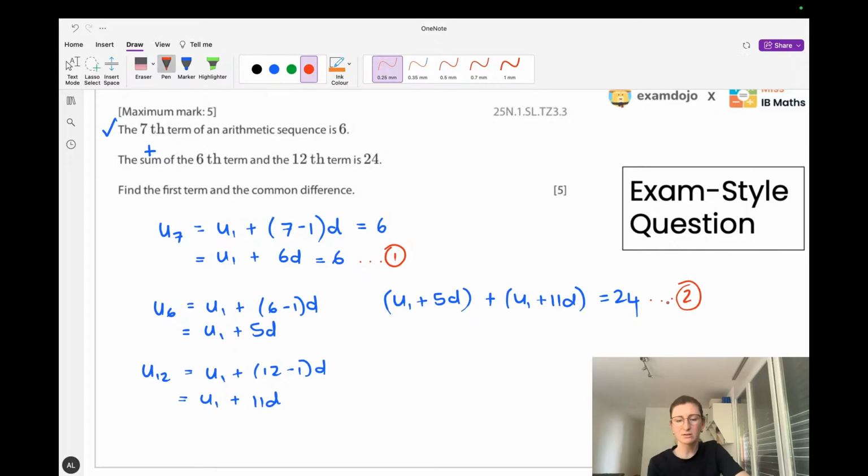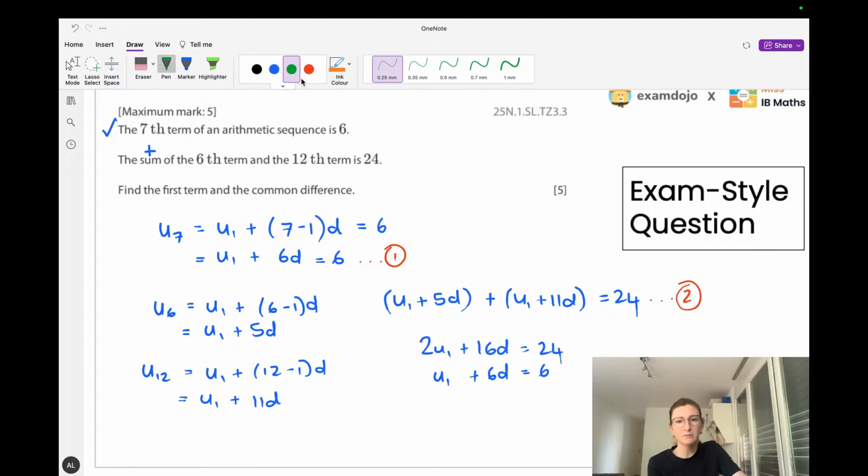So you can see where this is going. We have two equations with two unknowns, u1 and d, and we need to solve them simultaneously. So let's just simplify this one quickly. We have 2u1 plus 16d equals 24, and this one was u1 plus 6d equals 6.